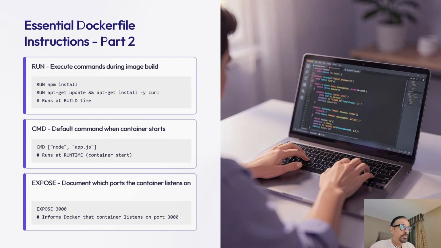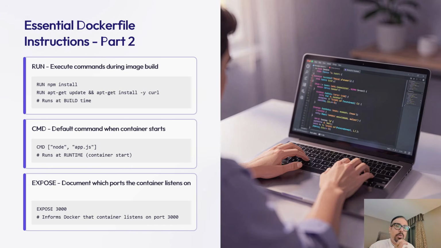Finally, expose, that is the last one. So expose documents which port your container will listen on. So over here I have mentioned expose 3000, which tells Docker and anyone reading a Dockerfile that this container expects to communicate on port 3000. Note that expose does not actually publish the port, it's documentation.